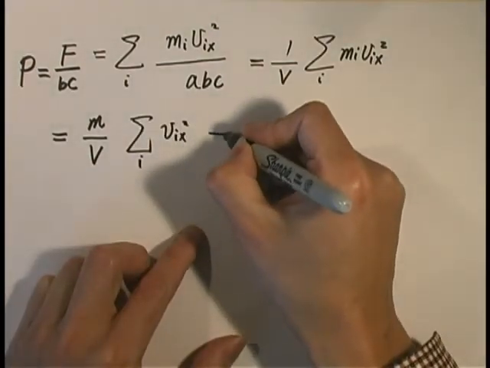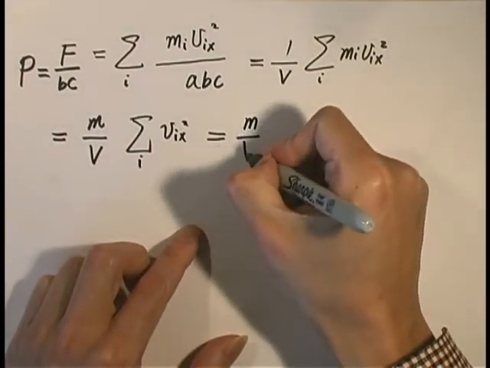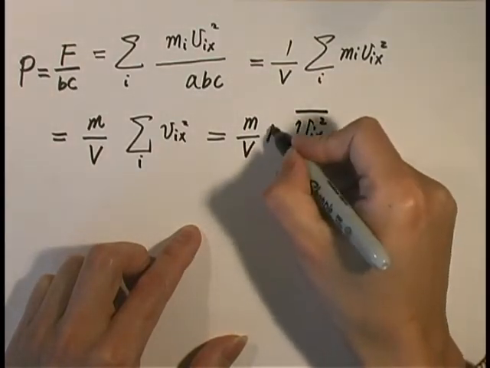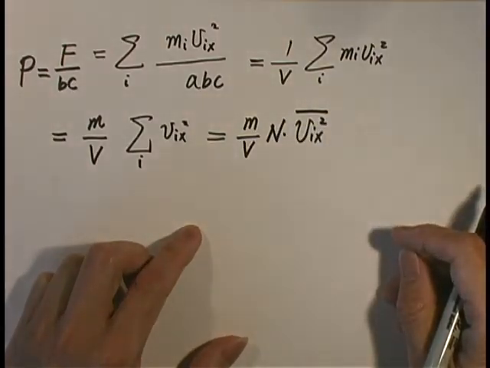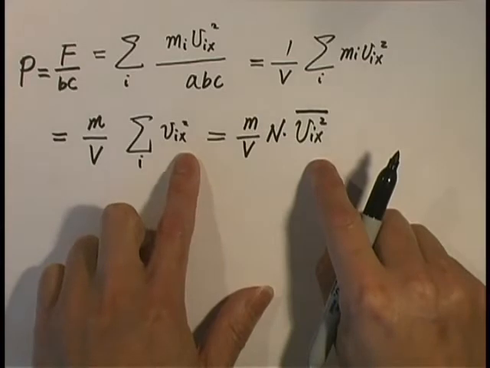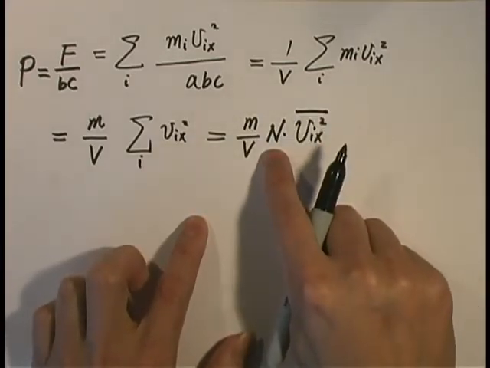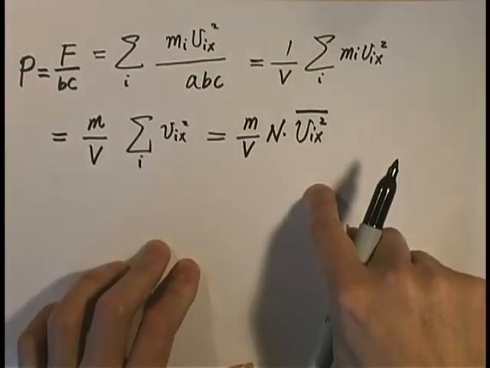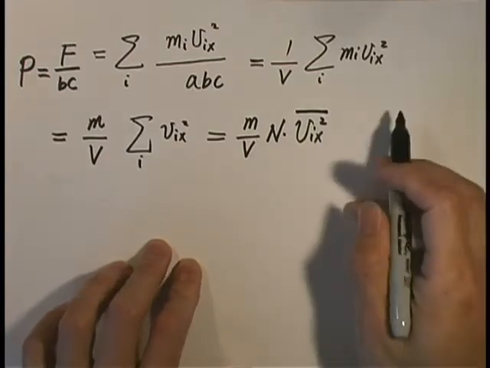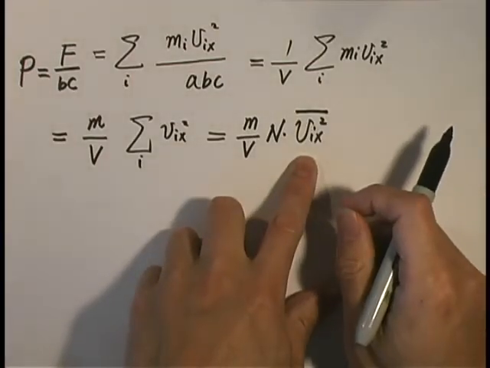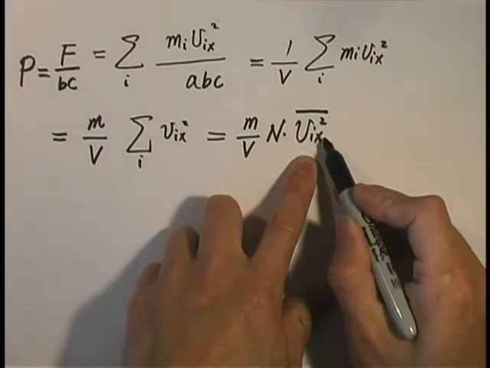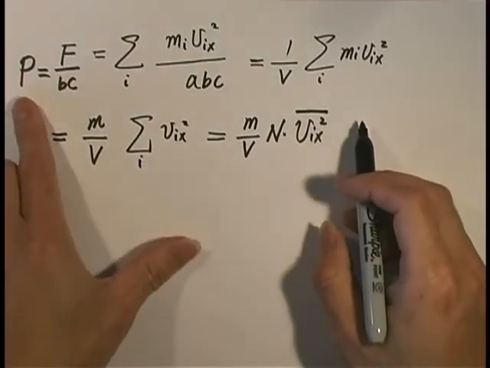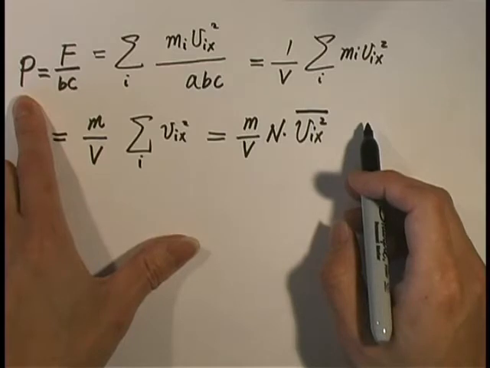Isn't this equal to, here comes the key, the average value of v_x squared times N, the total number of molecules? Because this is how we define the average value, right? We add every term up, we divide it by N, and you get the average. Then multiply by N, of course, you get that. Going from here to there allows us to relate the average value of a molecular quantity, in this case the average value of the x component of the velocity squared of each molecule, with the macroscopic quantity in question, and that is the pressure.